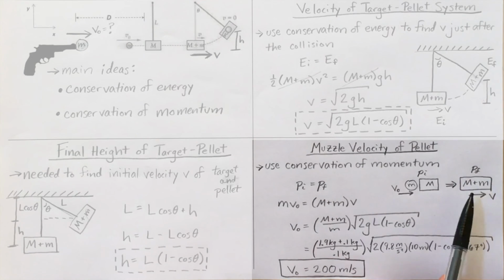In this case, the momentum is the total mass of big M plus little m times the velocity, which we just found. We can substitute in the expression derived above for the velocity of the block and the pellet and solve for v0. Then, substituting in the values given in the problem statement, we can evaluate to say that the muzzle velocity of the pellet was equal to 200 meters per second.